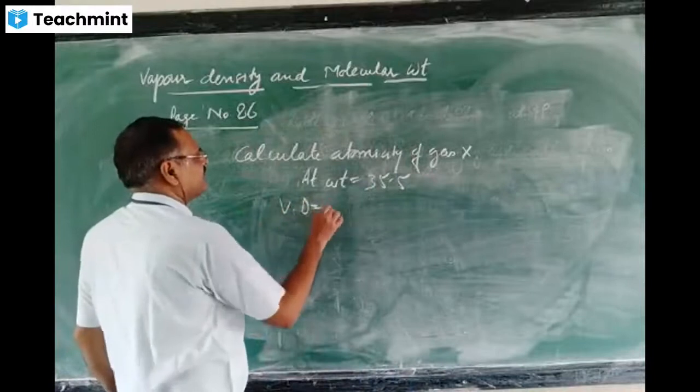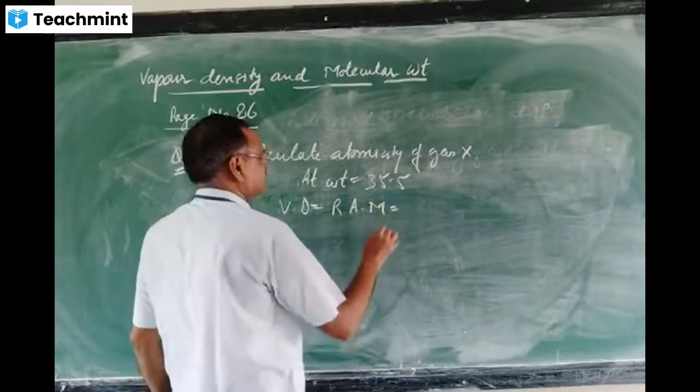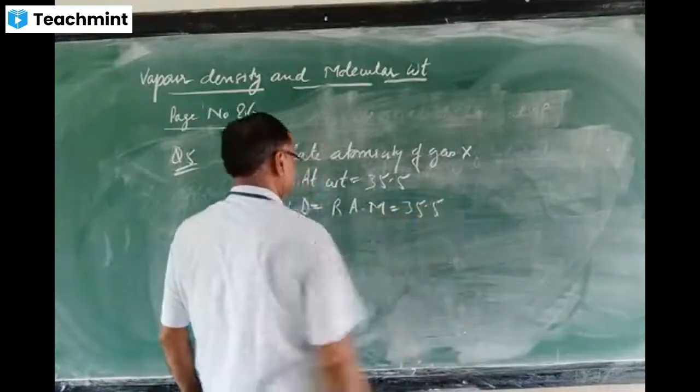So vapor density is equal to relative atomic mass, that is 35.5.